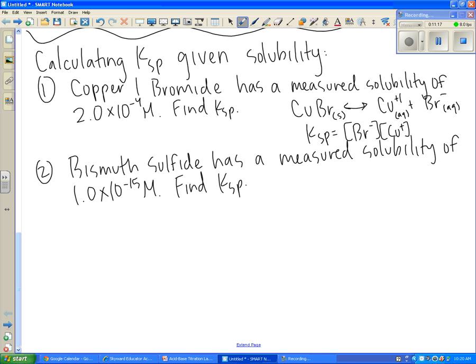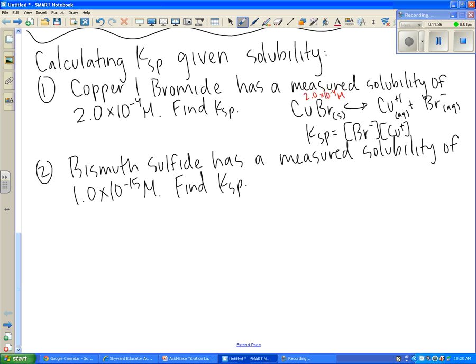Well, if the solubility of the copper 1 bromide is 2.0 times 10 to the minus 4th molar, and this breaks up in a 1-to-1 ratio, wouldn't we have an equal amount of copper 1 and bromide ions in solution?